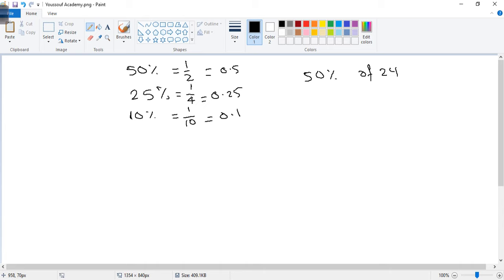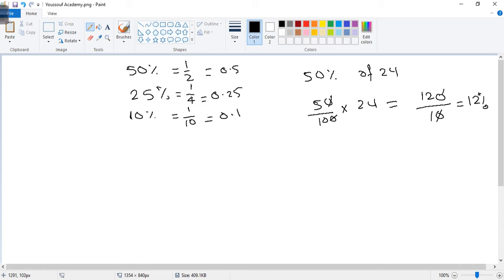It will be 50 over 100 times 24. 0 cancels 0. 5 times 4 is 20, 0 and carry 2. 5 times 2 is 10 and carry 2 is 12, divided by 10. 0 cancels 0. The answer is 12. That's it.